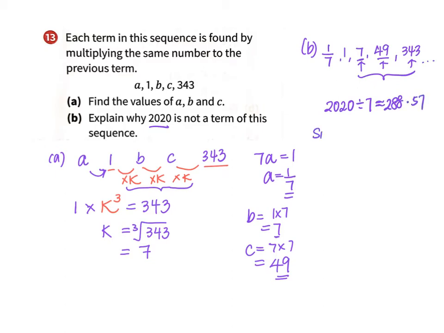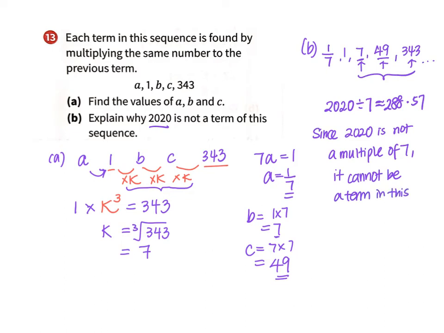So since in that case 2020 is not a multiple of 7, it cannot be a term in this sequence. Now that's the simpler version of the answer.